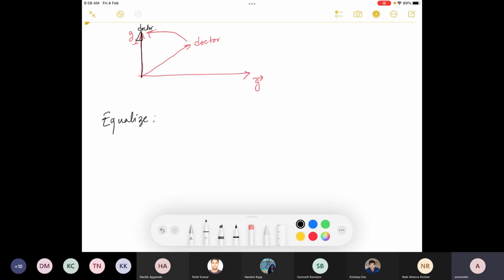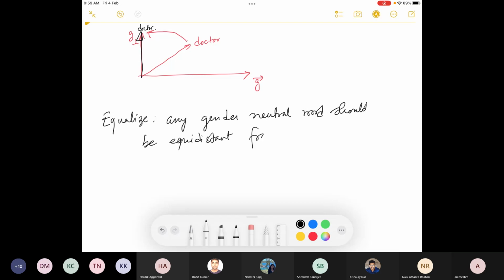Now the other part, equalize. What is equalize? Any such gender neutral word should be equidistant from all the equality sets.